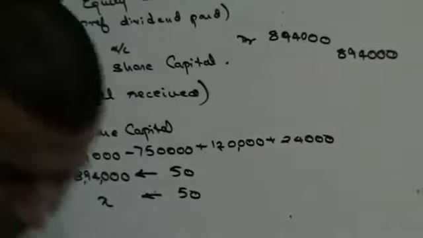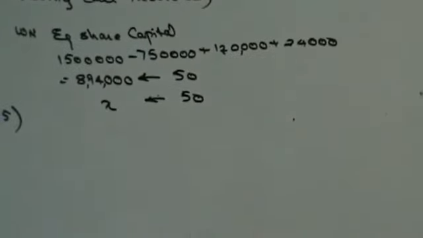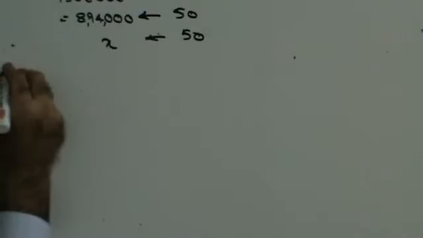Plant and machinery to be revalued at 90,000. Now, as per the balance sheet, your value of plant and machinery is 70,000. That means the value of plant and machinery is going up, asset going up, capital reduction on the credit side.